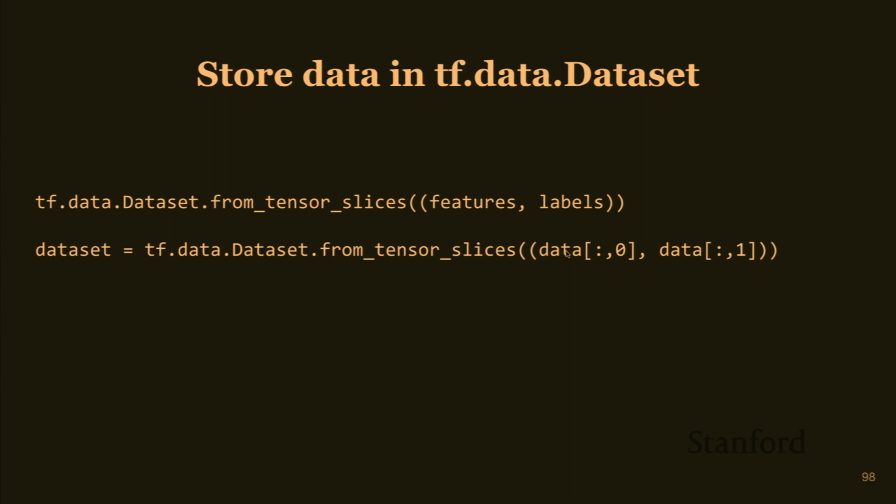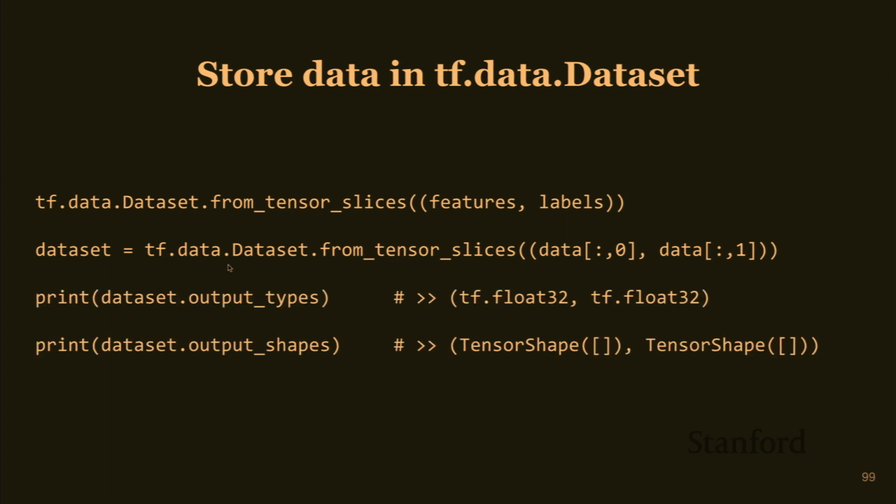The first column is X, the features, and the second column is Y, the labels. So you can create a dataset like this. As a sanity check, you can print out the output types and output shapes to make sure it's what we expect. You can see that the type is float for both, and the shape is just scalar.